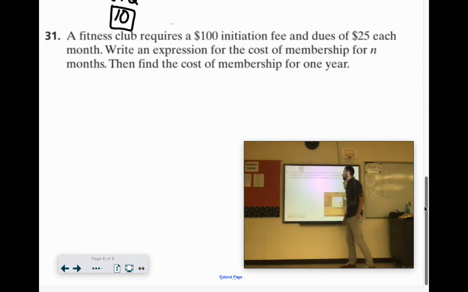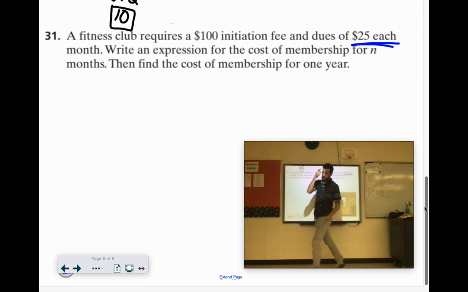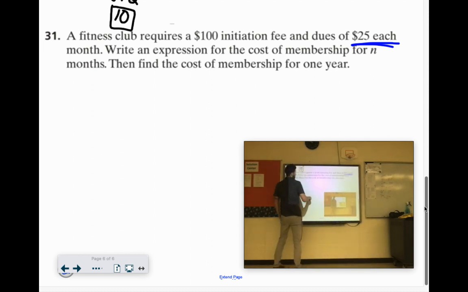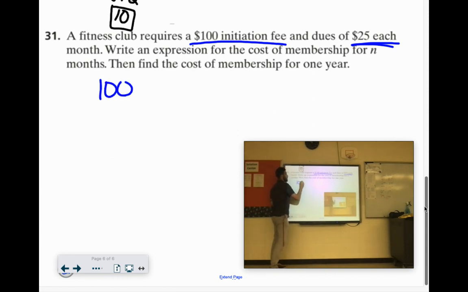A fitness club requires a $100 initiation fee and dues of $25 each month. You see that each. That usually indicates multiplication. Now, the $100 initiation fee, you just pay that once. So it's kind of like $100 plus whatever you spend per month.